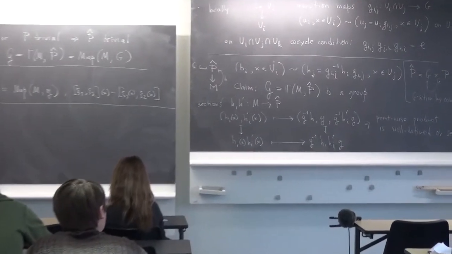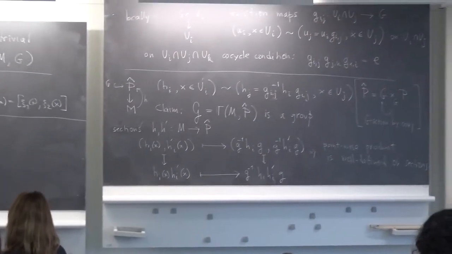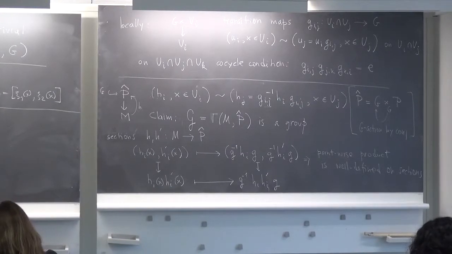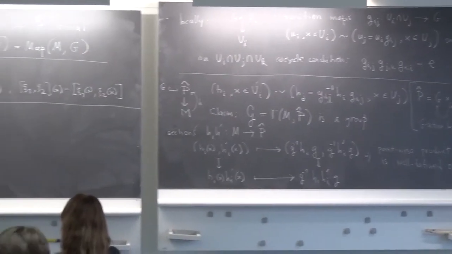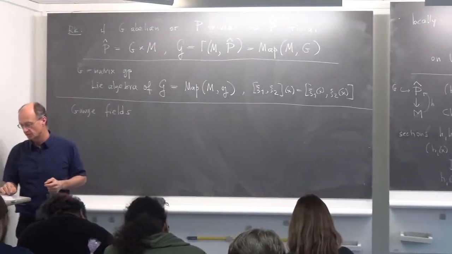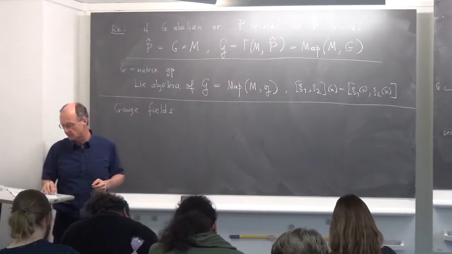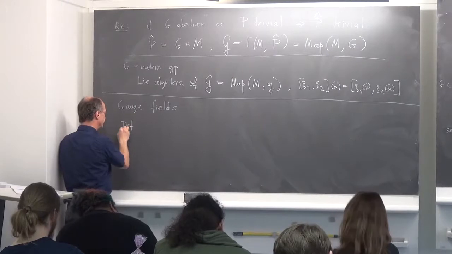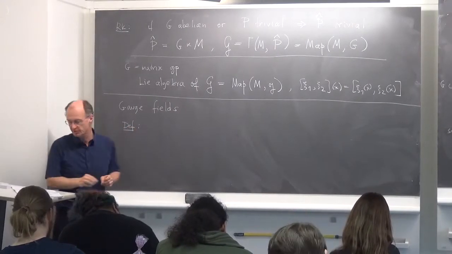All right. So now we have groups. So they will be acting on gauge fields. So let's discuss the notion of gauge fields. For that, let me recall a notion of a connection in a principal bundle.